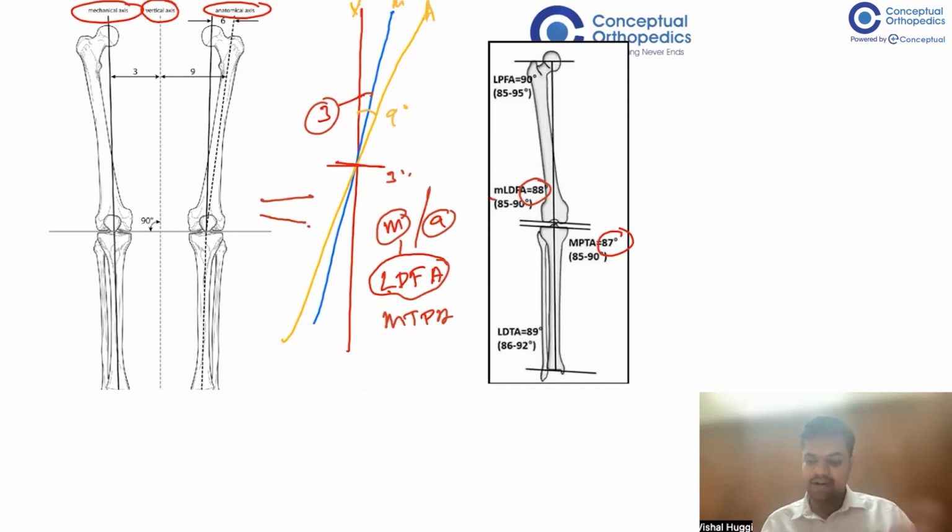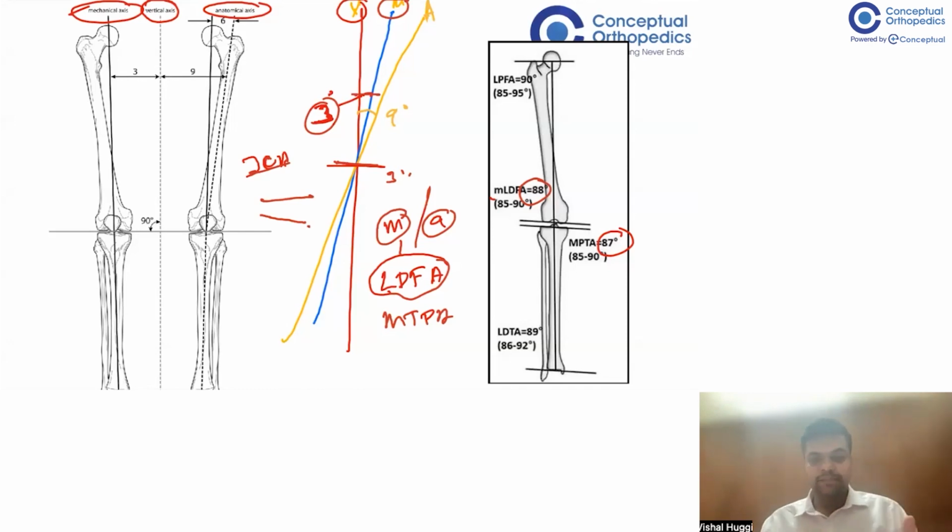How do you correlate this with the existing axes we discussed, the vertical axis and the mechanical axis? We have seen there is a 3-degree varus. This 3-degree varus is the one which gives 3 degrees varus to your knee joint. This is called the joint orientation angle. The joint orientation angle is 3 degrees, because our mechanical axis is 3 degrees to the vertical axis.